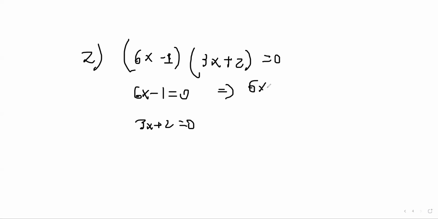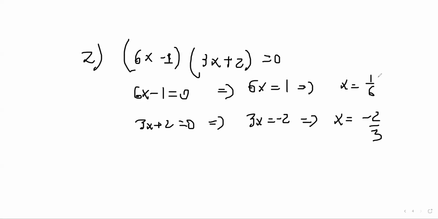From here, we get 6x equals 1, and obviously x equals 1 over 6. And in the second equation, we get 3x equals -2, which gives us x equals -2 over 3. So you can see we got two solutions, 1 over 6 and -2 over 3. They are the roots of this quadratic equation.